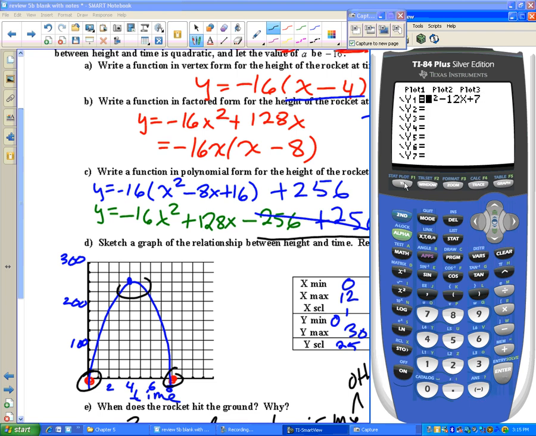My equation is going to be, again, any of these would work, the original one, negative 16 times (x minus 4) quantity squared plus 256. Graph that. There's my graph. I want to know 2 seconds.